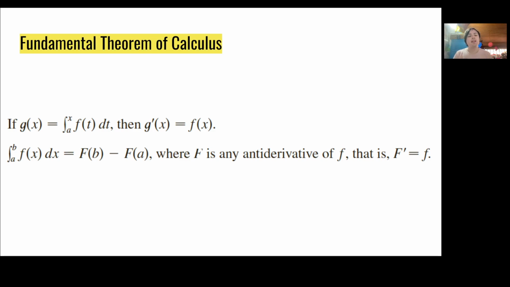Okay, so the far more common part of this theorem that's used in physics in order to solve the antiderivative when it's a definite function is the one below that. So basically, it's the integral from x equals a up to x equals b of f of x dx equals the antiderivative F of b minus the antiderivative F of a, where F is any antiderivative of lowercase f, such that when you take the derivative of that big F, you get little f.